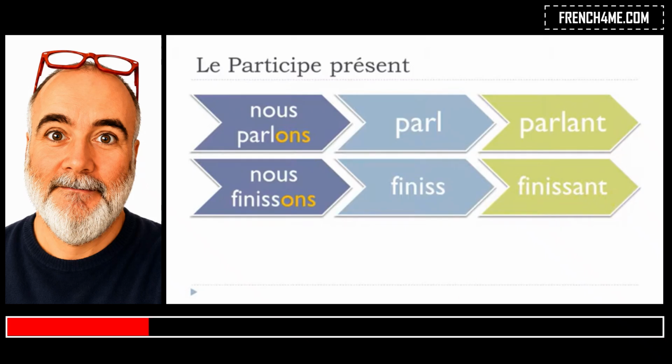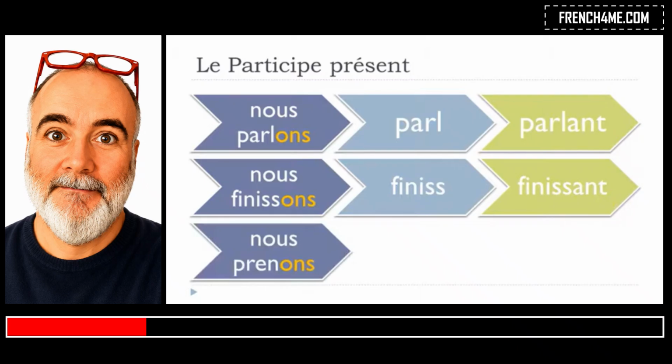Let's see now a verb from the third group. Normally the third group, we've got the irregular verbs. So of course it's quite interesting to have a look at them. I just took the verb prendre. Prendre is to take, and then we get the form nous prenons. Exactly the same thing.